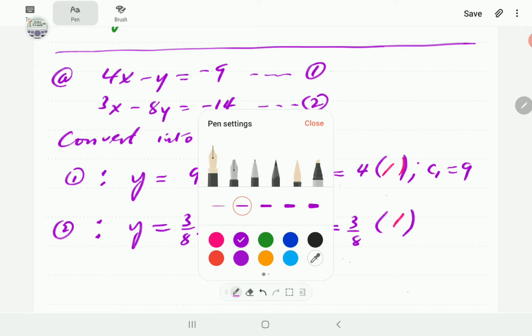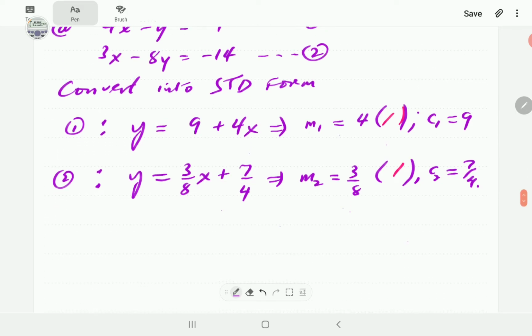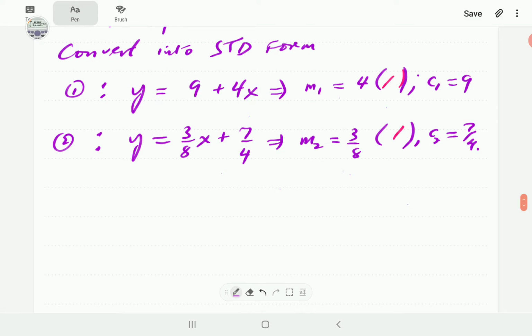And then c2, which is the y-intercept, is 7 over 4. Okay, so the next thing we need to do is to check the product m1 times m2. m1 is 4, m2 is 3 over 8. So this is going to be 3 over 2.